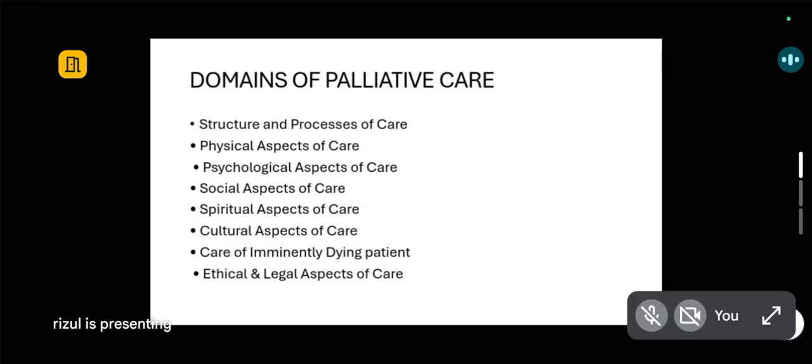Last but not the least, regarding the domains of palliative care, as we can see, there is a palliative care role where we do the structure and process of care, physical aspects of care, psychological aspects, and social, spiritual, cultural aspects. What should we do for the care of the imminently dying patient, and what ethical and legal aspects should be there?